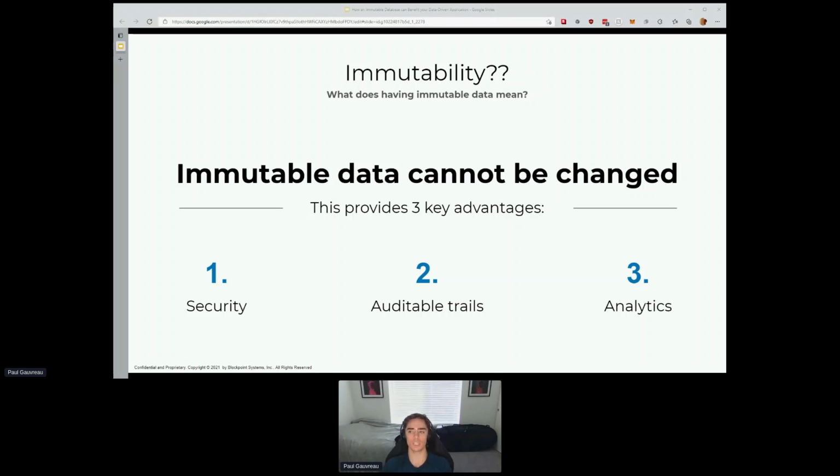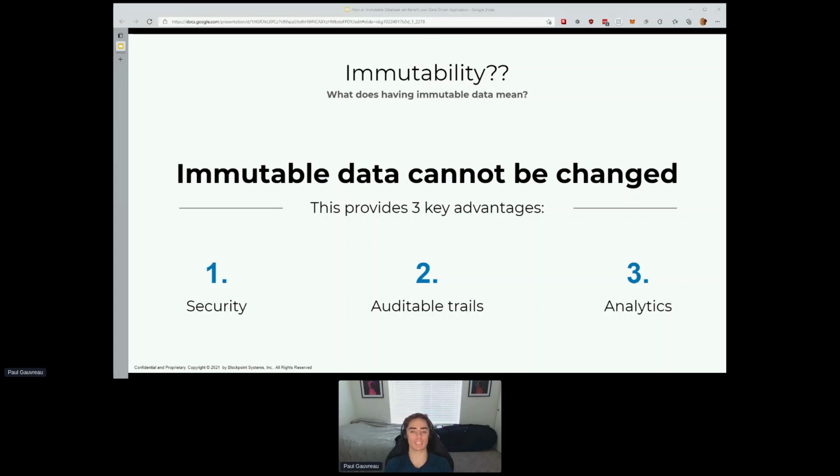And then the third key benefit of immutability is analytics, right? As I started to mention, in order to maintain the immutability in a database, you have to store all these historical values. And in doing so, you provide yourself with insight into the entire audit trail of the database, right?